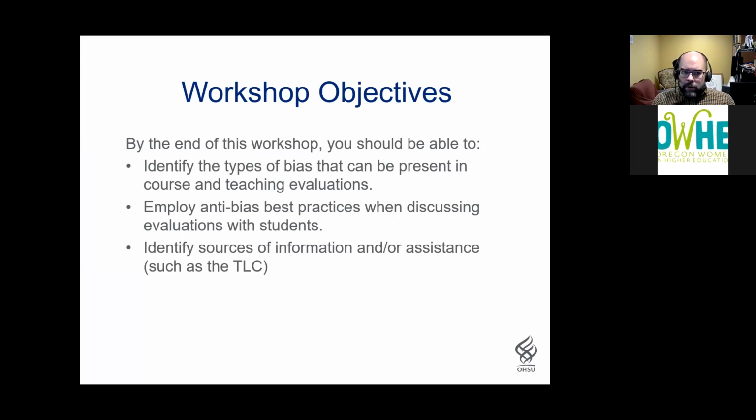An added bonus to having these conversations with students is that this is a great way to improve your overall course evaluation results and the ratio of completed evaluations. I'll touch more on that in a little bit. And last is the ability to identify sources of information or assistance, such as the TLC, which is the Teaching and Learning Center at OHSU.